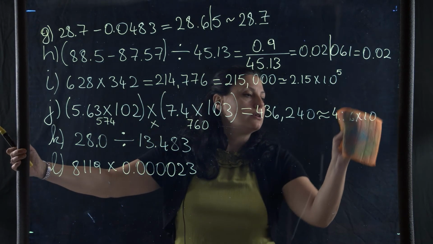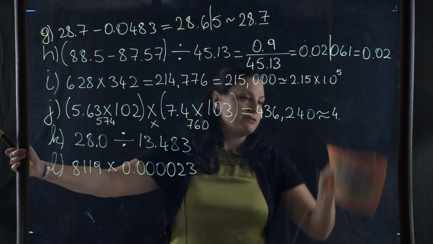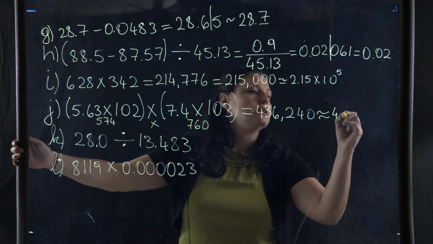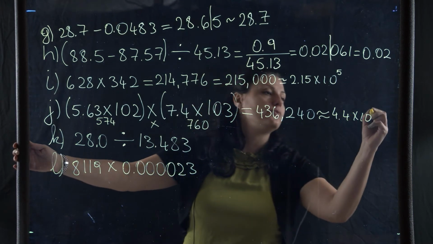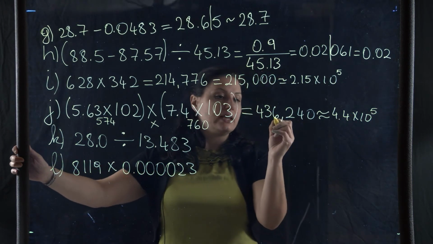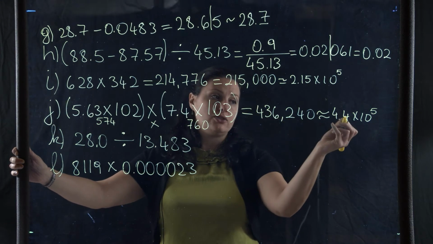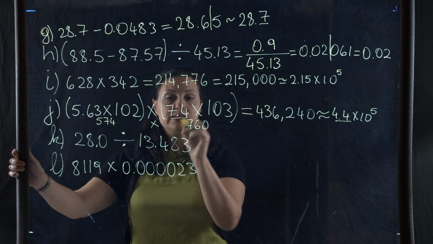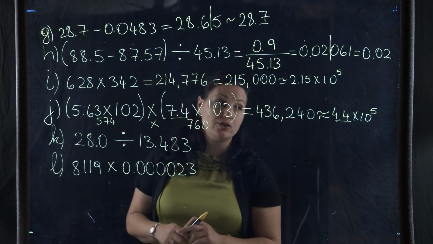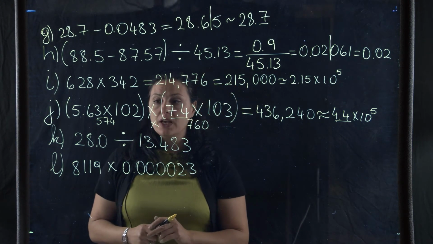So I will write this as 4.4 times 10 to the 5th. This 6, because it was a 6, I rounded it to 4, and therefore 2 significant digits because my original number here had only 2 significant digits.